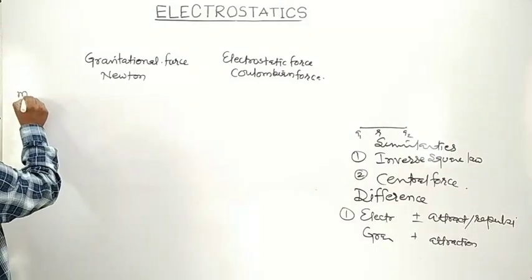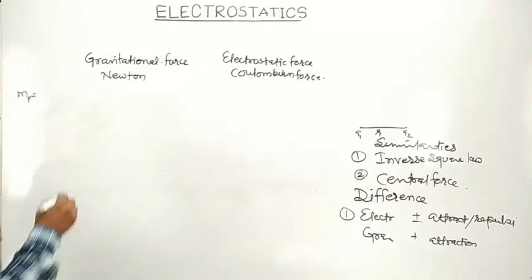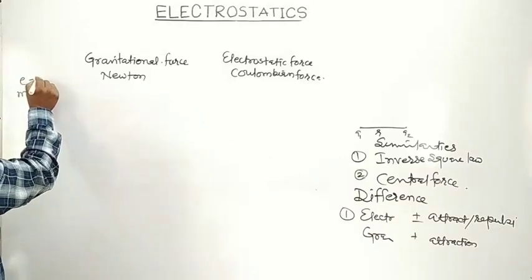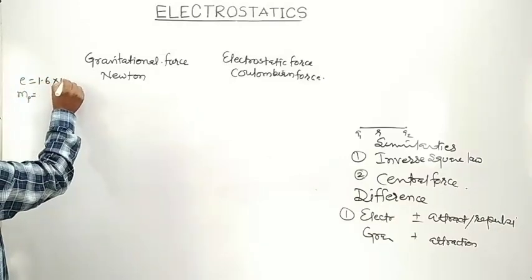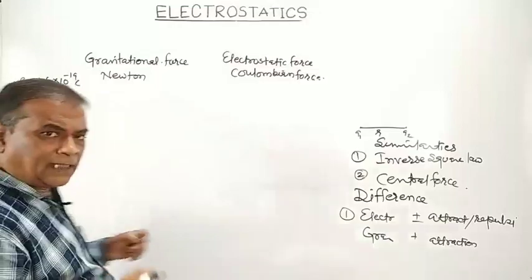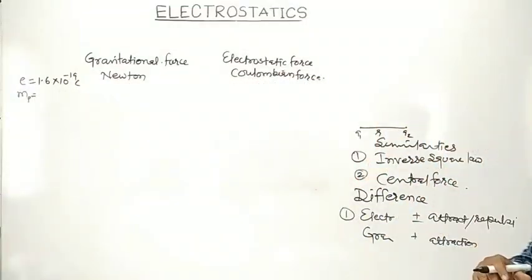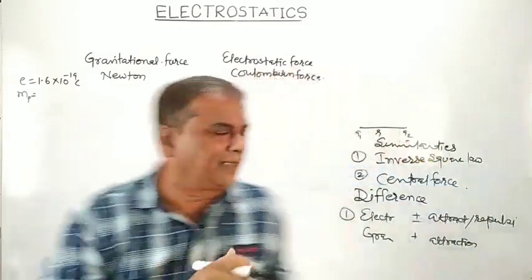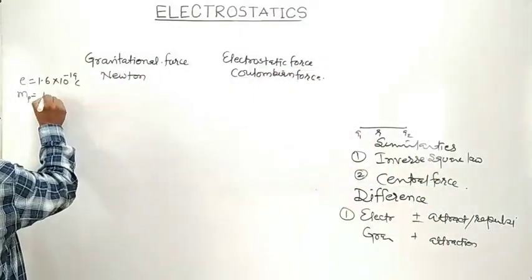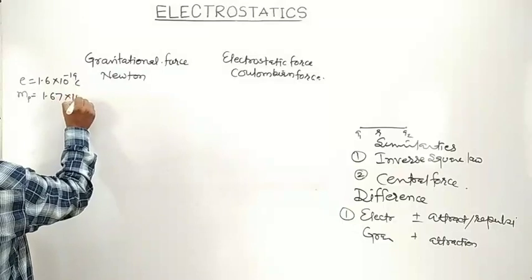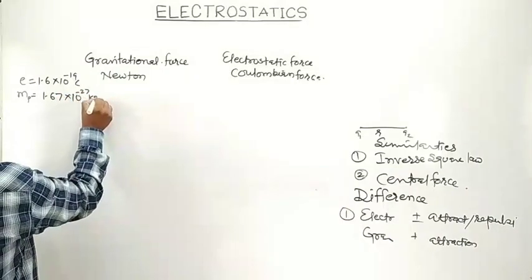Do you know what is the charge on a proton? The magnitude of charge on a proton is 1.6 into 10 to the power minus 19 Coulomb. Now, what is the mass of a proton? It is 1.67 into 10 to the power minus 27 kg.